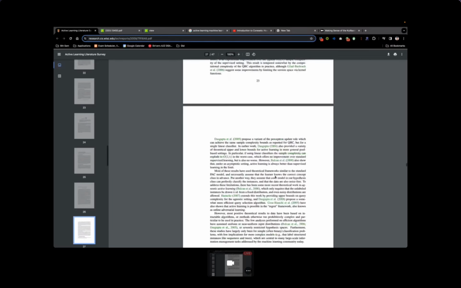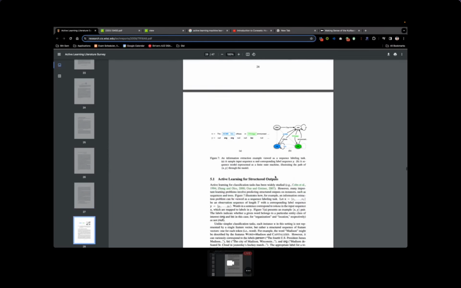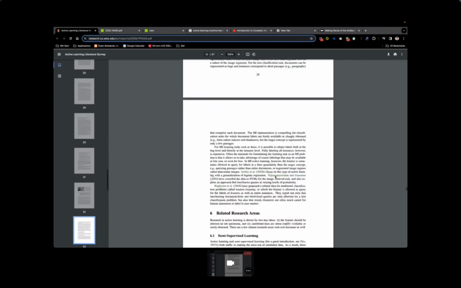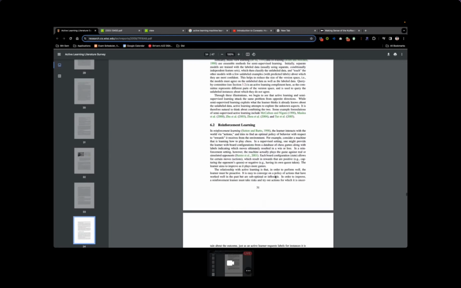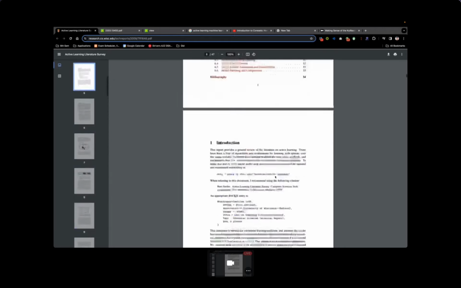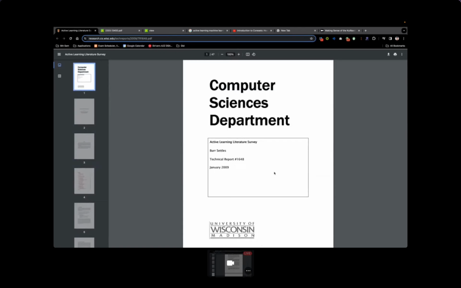So these were the main things regarding active learning, and you can read this entire paper also if you want. Settles is one of the first people to have written a survey on active learning, and his two surveys are really popular. Anyone who wishes to study active learning starts from his surveys.